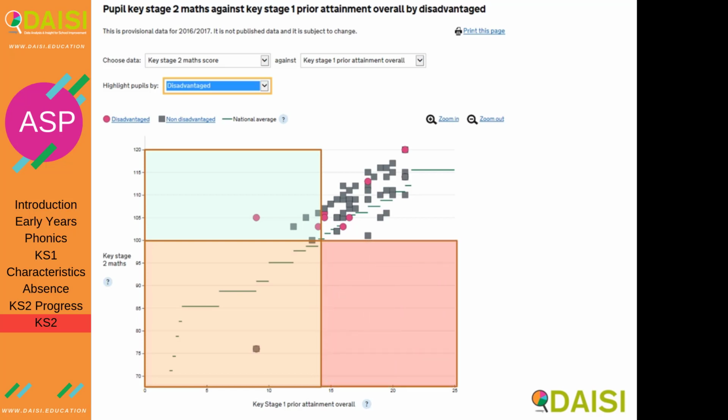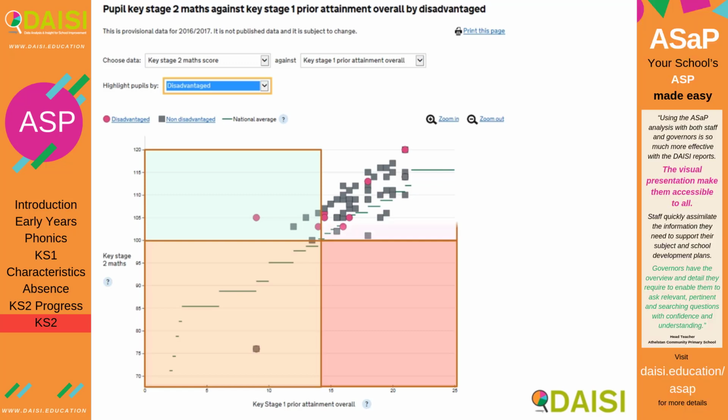I don't particularly like to talk about this third section, pupils who were expected to pass and didn't, so let's move on. This final section I divide into two: a scaled score between 100 and 109, and a scaled score of 110 and above.